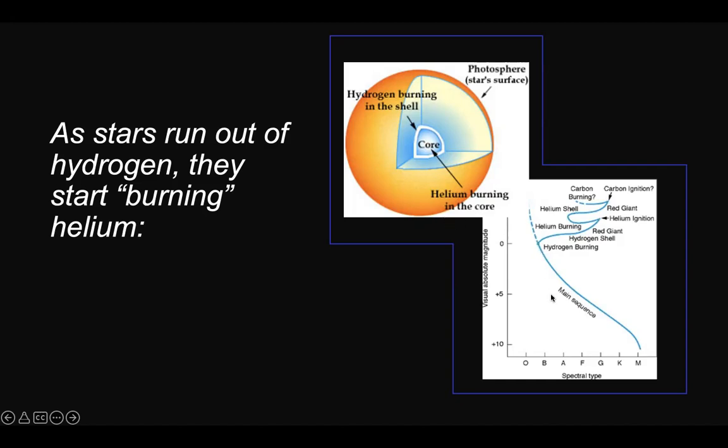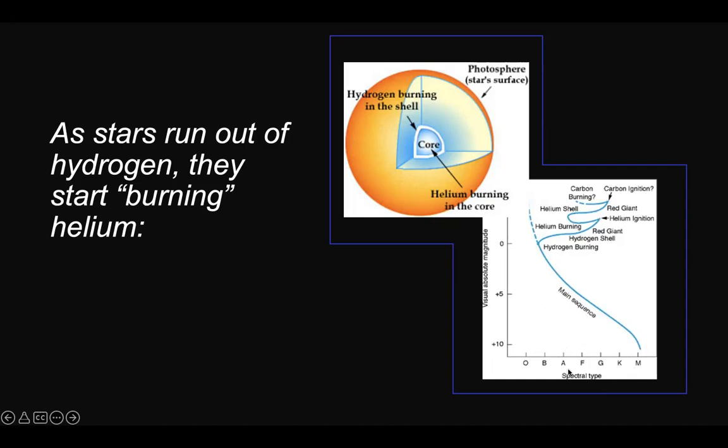The Hertzsprung-Russell diagram. What you see on the x-axis, this O indicates an O-type star. This is a spectral type of star, and it was later realized that the spectral type depends on the temperature. So O, B, A, F, G, K, M stars are the different spectral types.